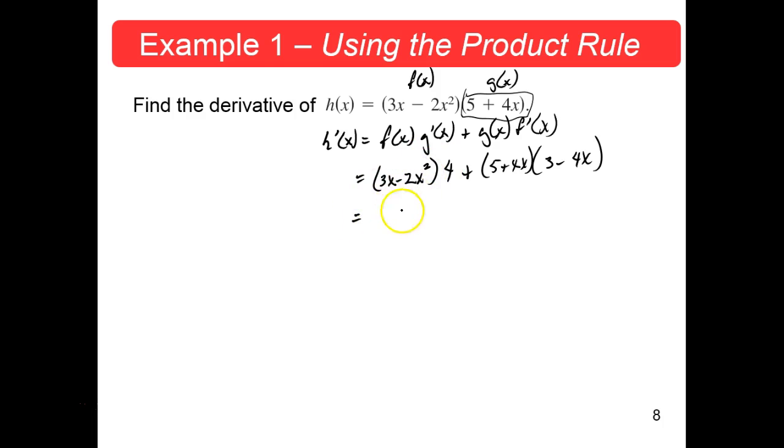So, let's multiply through, and what do we get? Distribute the 4, and what do you get?